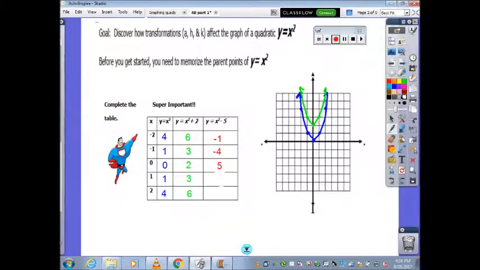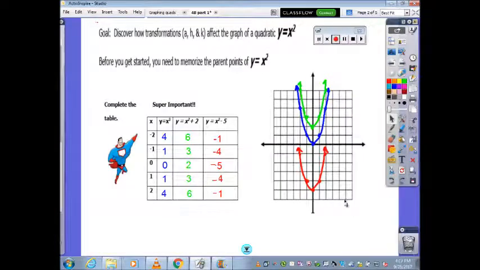Should be a -5. 1 minus 5 should be -4, and 4 minus 5 should be -1. Take a moment and graph that function and notice how it moves. So it should have moved down 5.